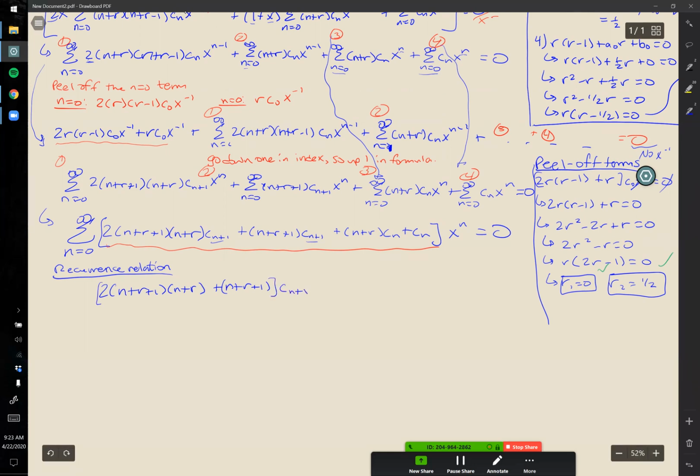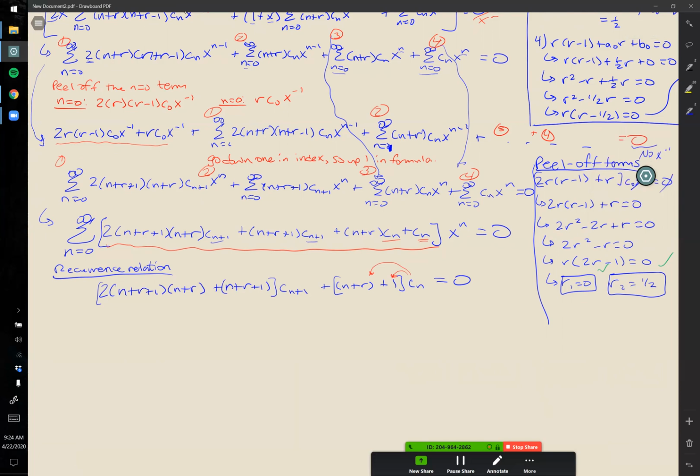And then these guys share the Cn, so I have plus n plus r plus 1 times Cn, all that equals 0. All I did for this last one is kind of hard to see, but I just factored out the Cn. So if you went back and undid what I did right there, you would see that they just go in and you get the same thing right there. Okay.